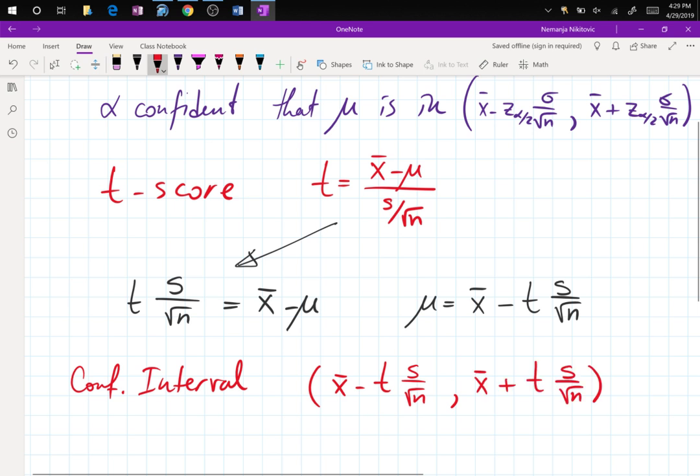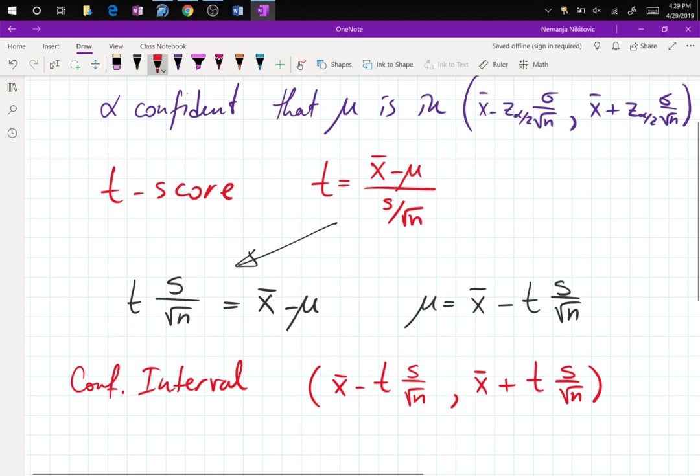And that confidence interval looks exactly the same as the one before, except now in your calculation all you have is the sample statistic. Now look at this. This also should say alpha over 2 and alpha over 2, because we have to take half of our confidence interval to each side.